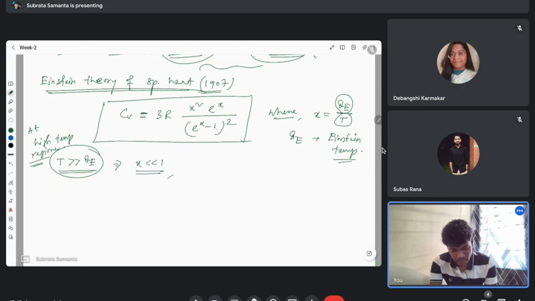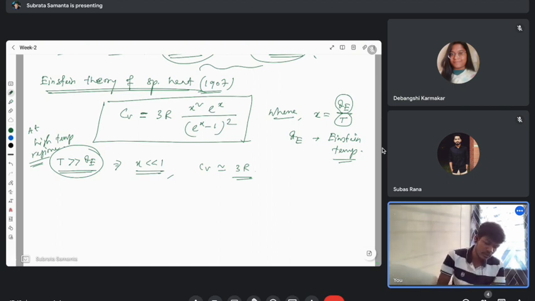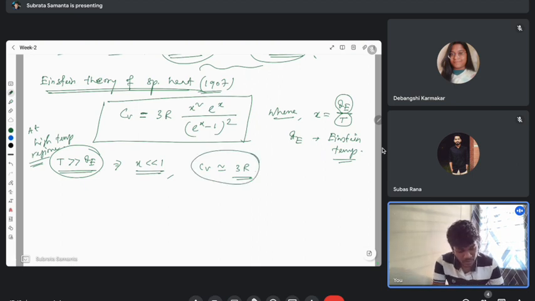Okay, so this Cv is nearly equal to 3R, right? If x is very much less than 1, then we can expand this. Because x is much less than 1, e to the power x is nearly equal to 1 plus x.